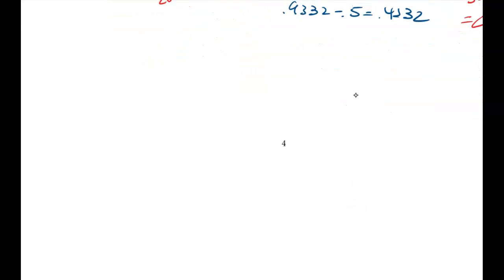Okay, so again, this review sheet does not necessarily cover everything. It just gives you a little bit of practice on certain things. I do want to go over one other type of problem with you, and that has to do with a discrete random variable.